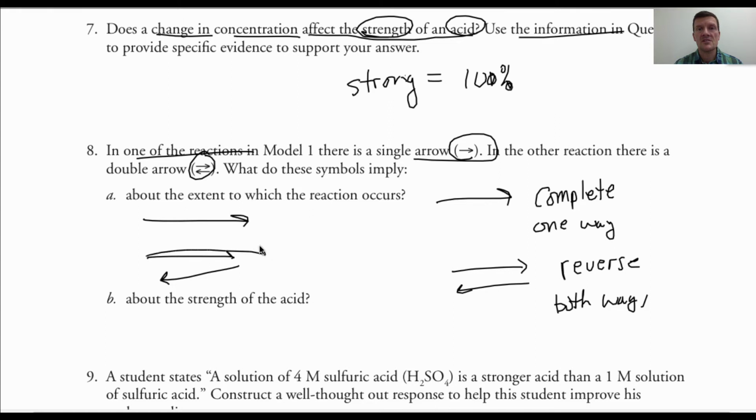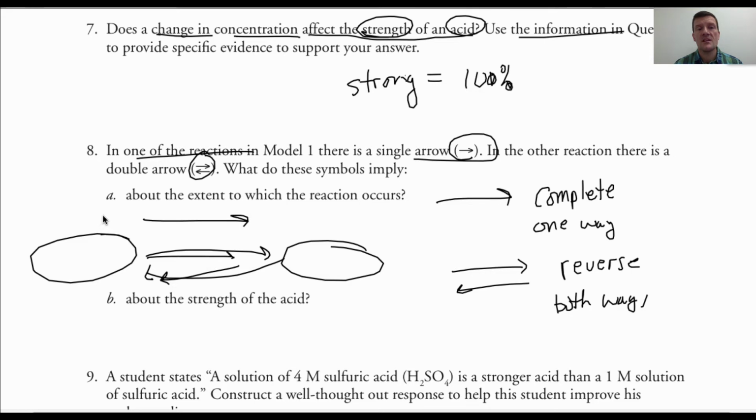The forward reaction took place, but then the reverse reaction also kicks in, and so they counteract each other, and you don't have a complete reaction. Not all of your reactants are going to be used up. You're going to have some products formed, and still some reactants. Both are going to be in existence for a reversible reaction.